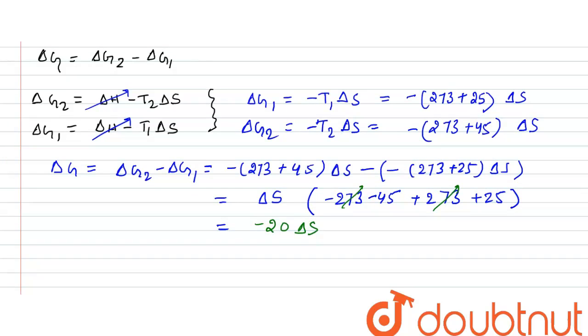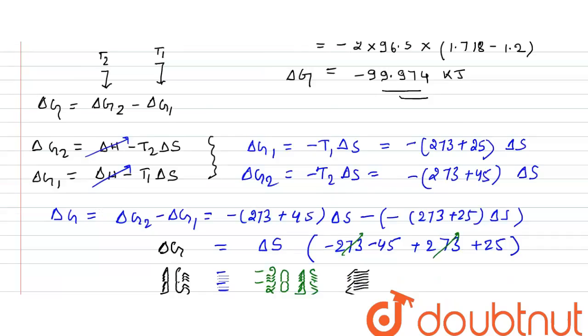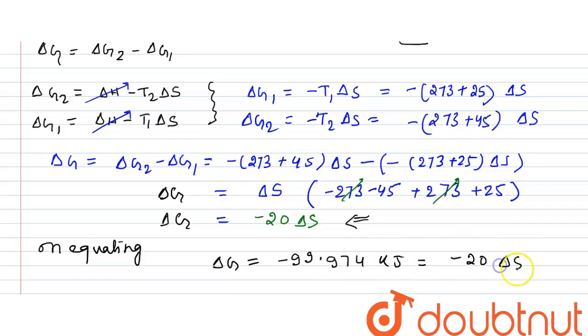So finally you have got the value of delta G from here: delta G is minus 20 delta S, and we have also calculated delta G as this value. So on equating, delta G is minus 99.974 kilojoule, which will be equal to minus 20 delta S.